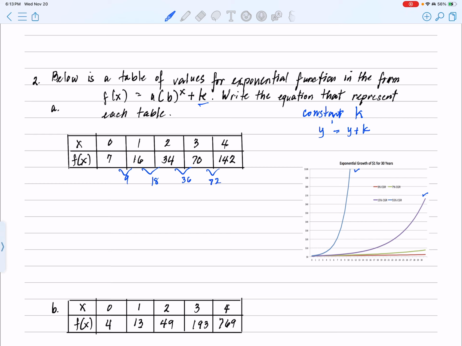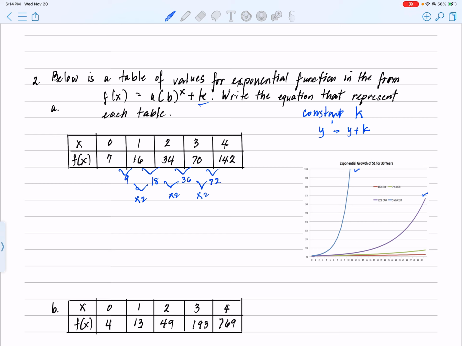In other words, what number should we multiply by 9 to get 18? If we multiply it by 2, we get 18. Same thing with 18, multiply by 2 to get 36, and 36 multiplied by 2 to get 72.